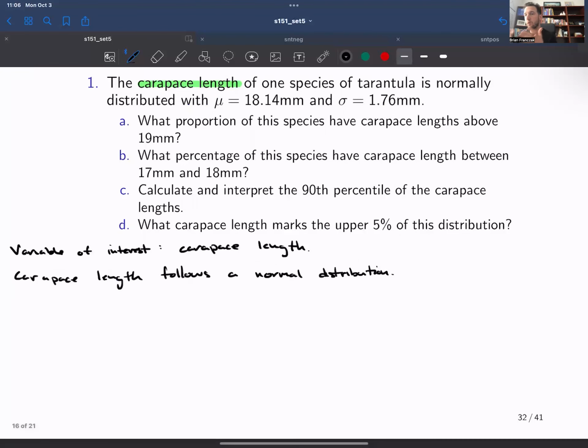So that means that we already can visualize the distribution of these lengths. So we know that this particular distribution is going to be a bell curve.